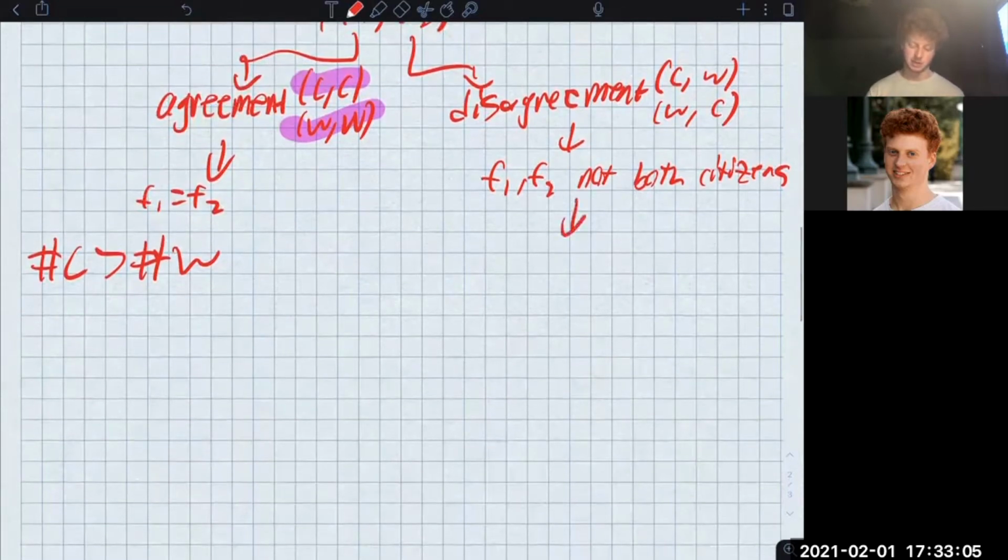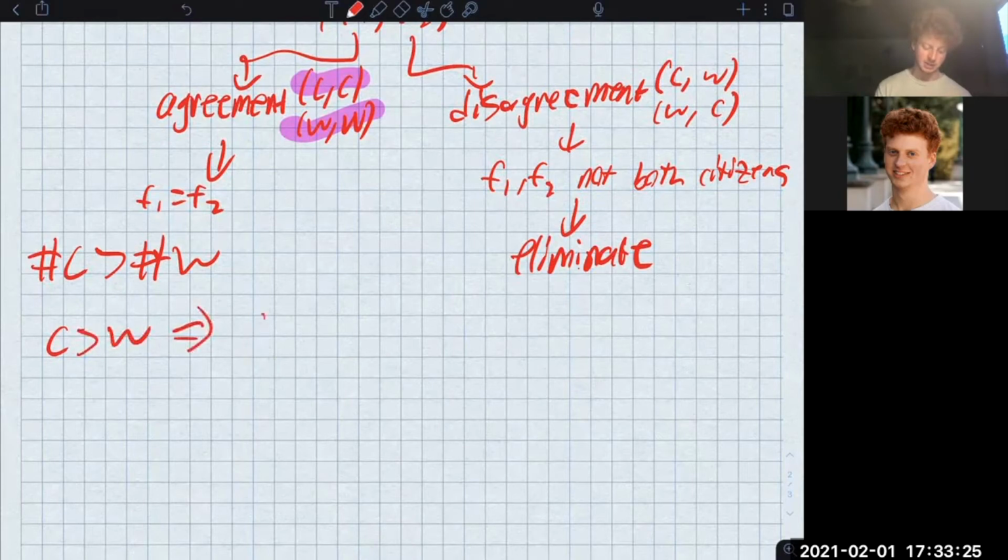So we can just eliminate the pair altogether. We've removed one citizen and one werewolf, which means that if we started out with more citizens than werewolves, then we still have more citizens than werewolves. If C is the number of citizens and W is the number of werewolves, then C is greater than W implies C minus one is greater than W minus one. Pretty trivial.